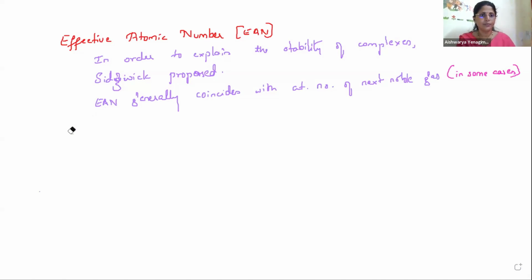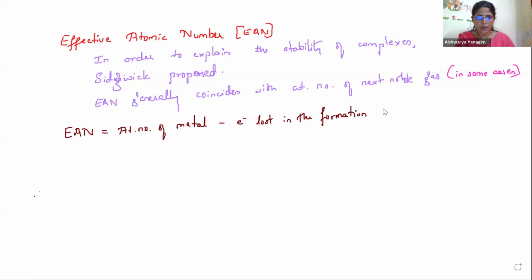So I'll write here: effective atomic number is equal to the atomic number of the metal minus the electrons lost in the formation plus the number of electrons gained from the donor atoms of ligands.